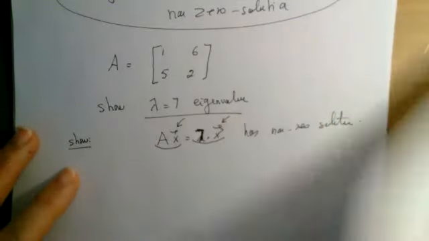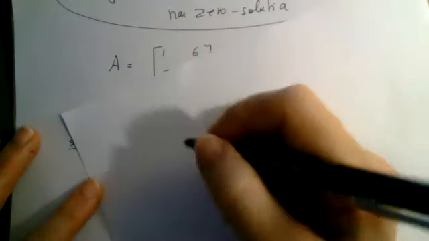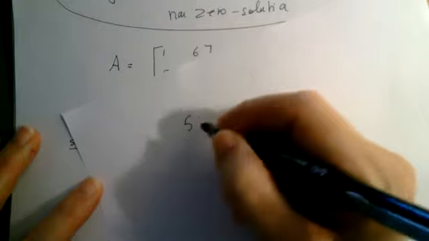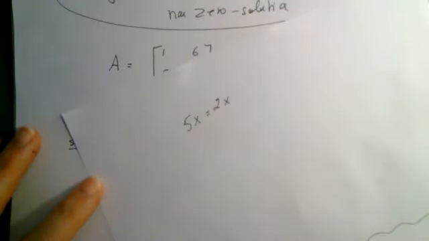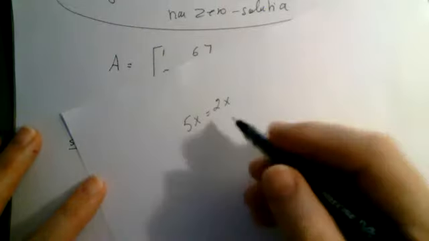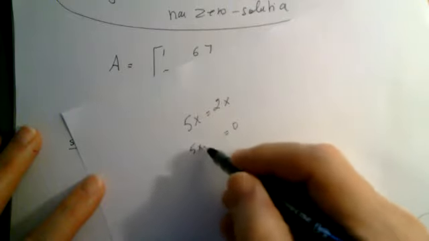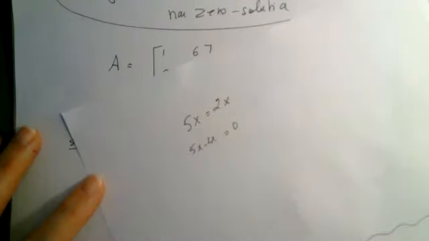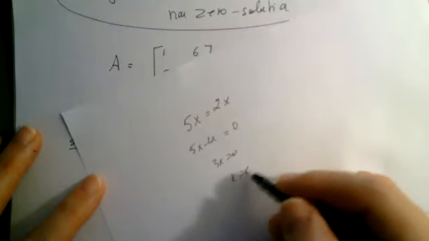But let us remember something very simple. If I'm solving the equation, even though that's very basic, 5x equal to 2x, how do we usually solve that? I put 5x minus 2x equal to 0, 3x equal to 0, and then I divide by x.